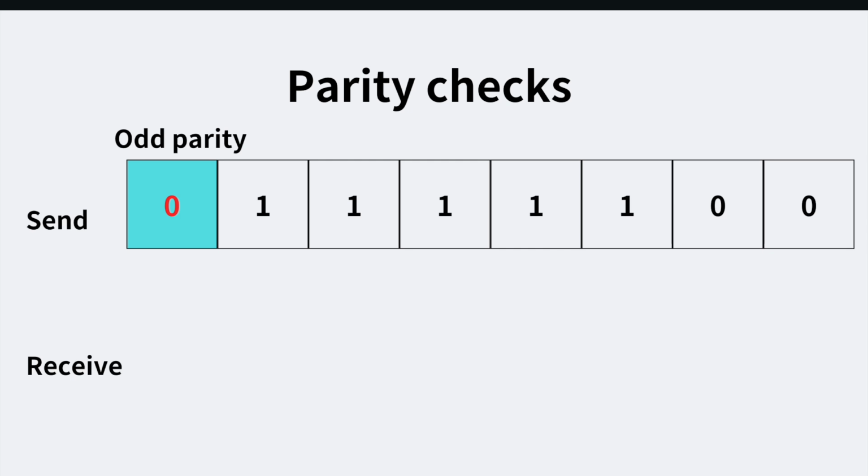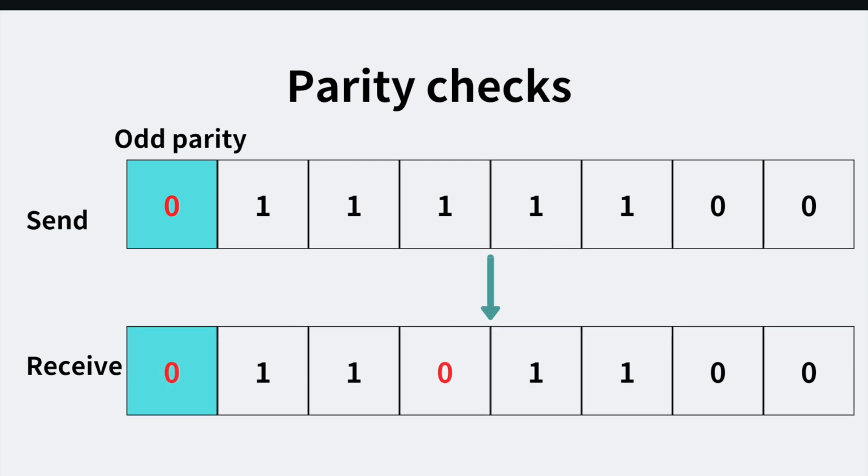Then, if today I sent this string with odd parity, but some error occurs during transmission, so the string is being changed.